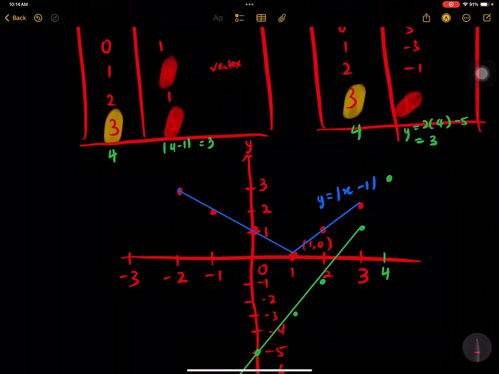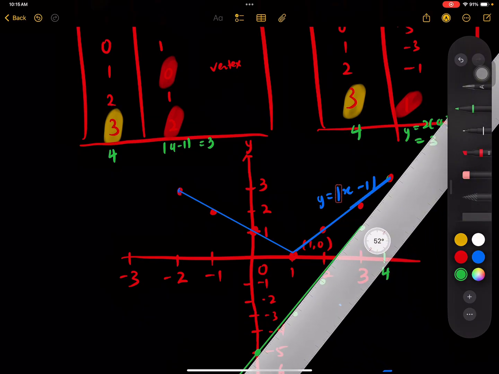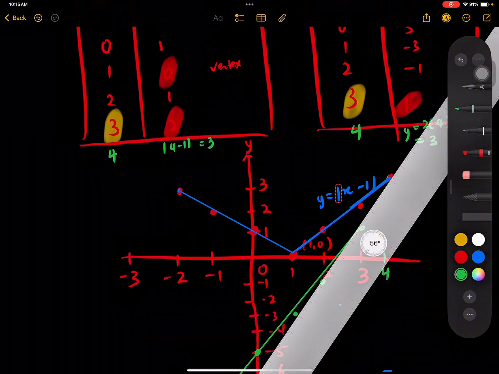So same here. So then this blue line will go like, because my line is not accurate, you can draw a more accurate graph.